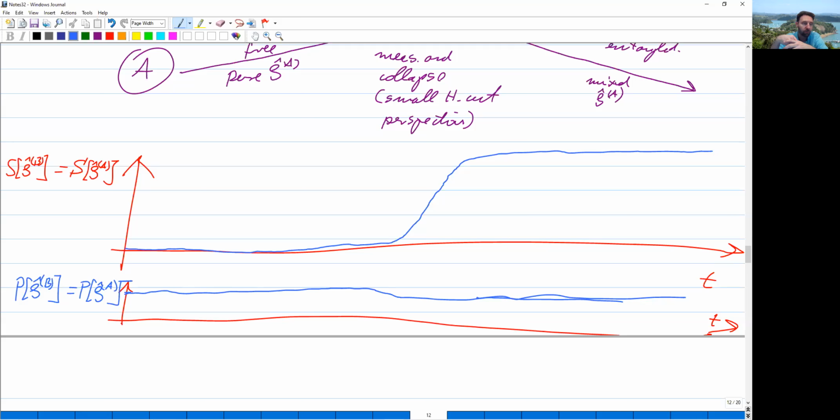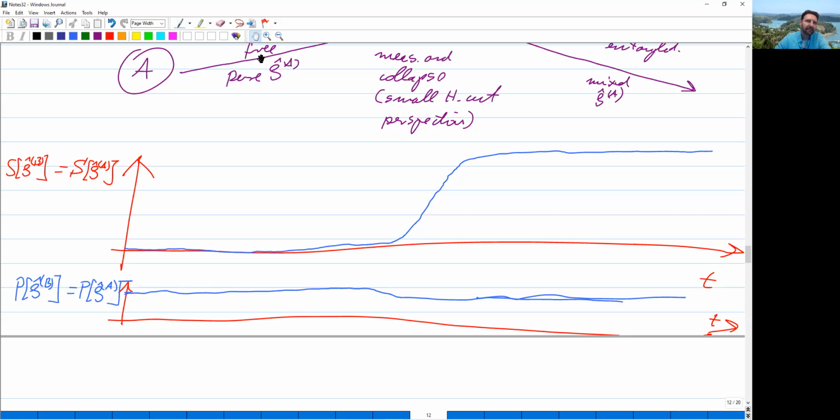And if we want to do things with the Schrödinger equation, we really need to have the bigger Heisenberg cut that has both subsystems included.